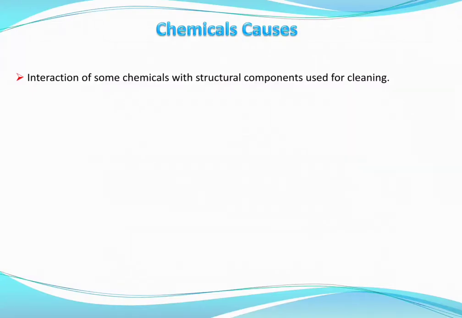Many times we use strong chemicals for cleaning, such as acids, phenyls, etc. Now when these come in contact with the structural members, they react with the material, and this reaction on a long-term basis can lead to some deterioration. So when we are using chemicals, we should take care that they don't cause any reaction with the members or the building components.